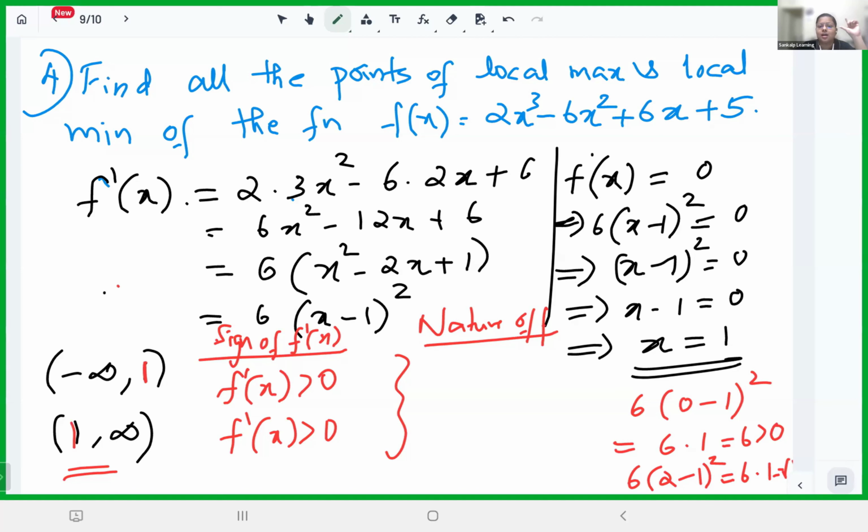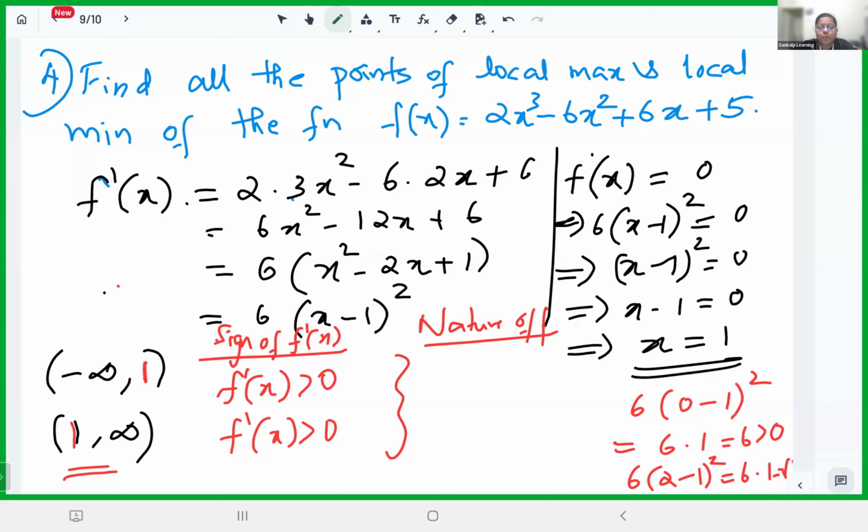If on both sides of the point, in the neighborhood of the point 1, the sign of f dash is the same, that is either f dash is greater than 0 or f dash is less than 0, we can say that that point is a point of inflection, isn't it? There is no change happening there for the function f. So we can say that that point is known as a point of inflection, isn't it?